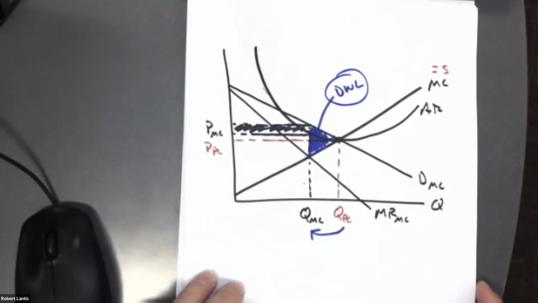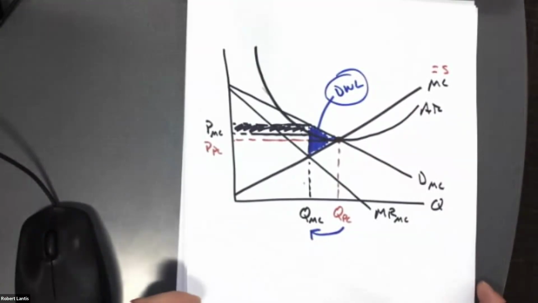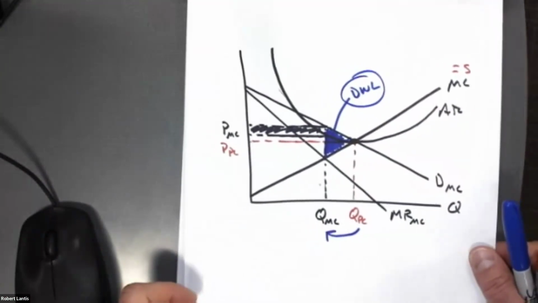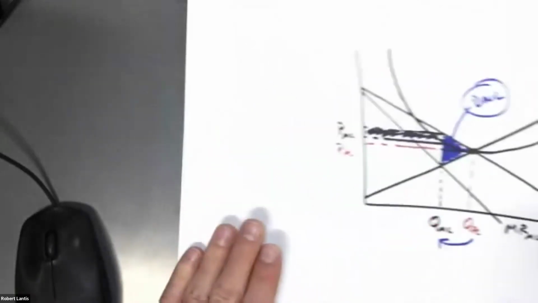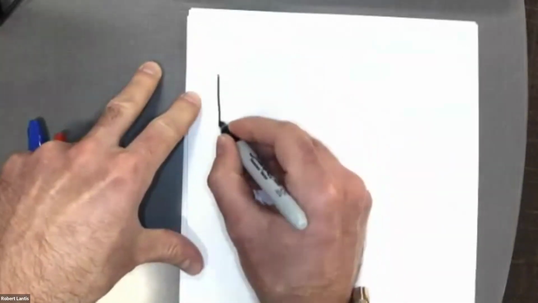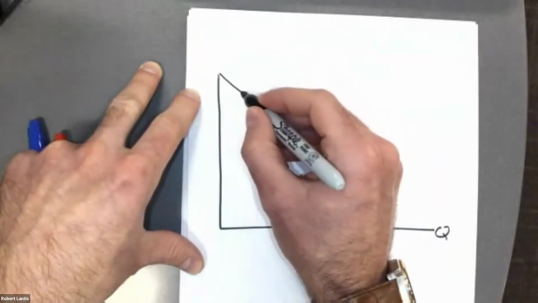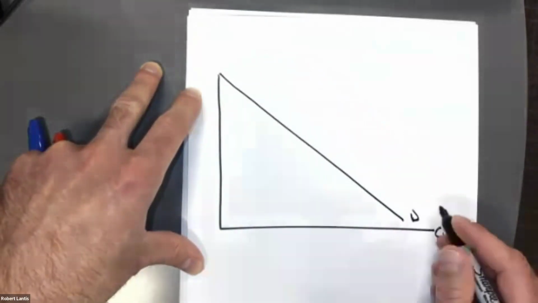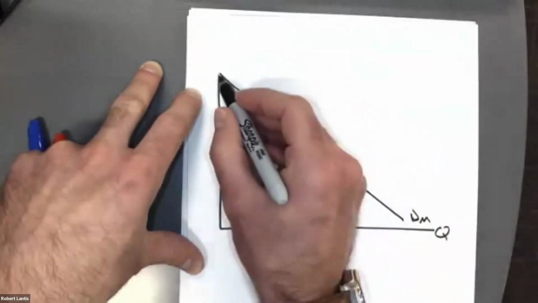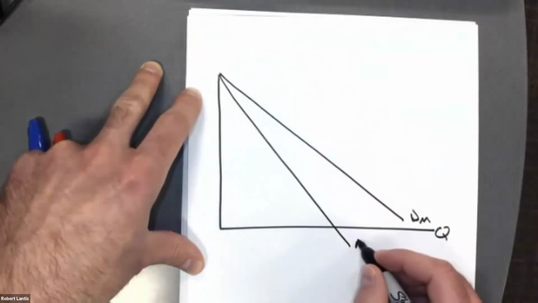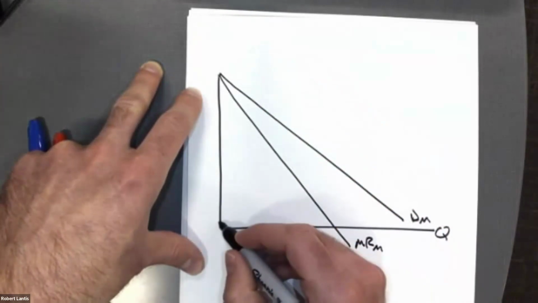All right. Let me think what else I want to do here. So not worrying about deadweight loss for a second, the other thing I wanted to do is compare this to thinking about a monopolist. So the monopolist faces all of market demand, with a twice as steep marginal revenue curve.